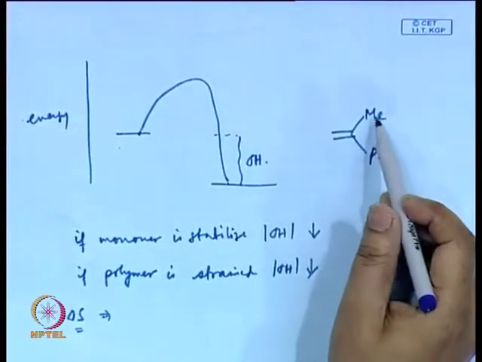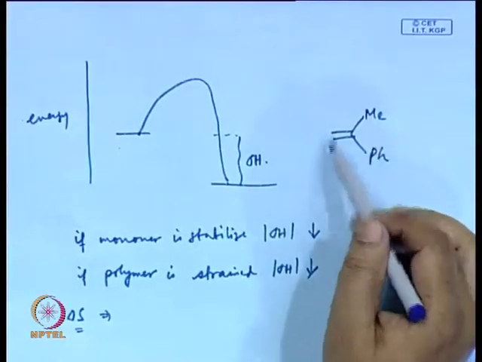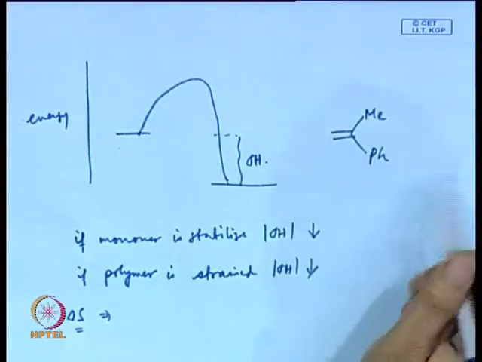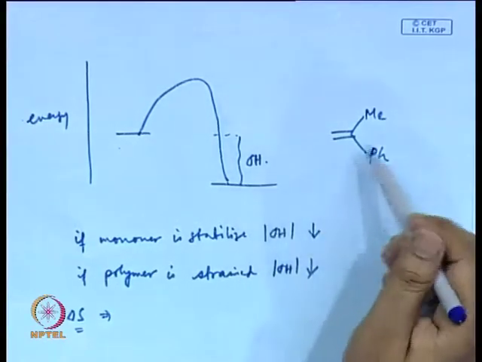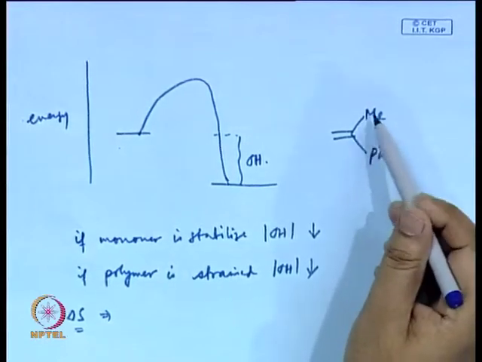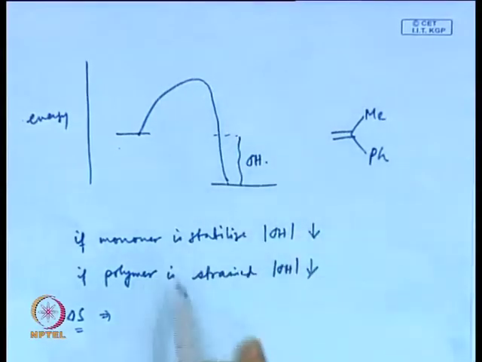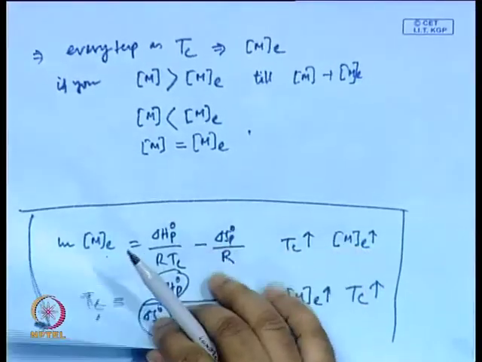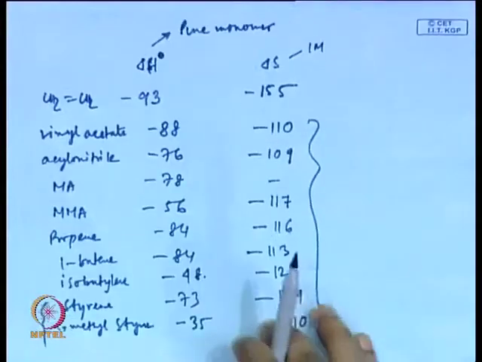Okay. So, this happens for most of the 1,1 substituted alkenes. The resulting polymers have much higher strain compared to if there was no such bulky groups. So, as a result, alpha methyl styrene has much lower DelH value compared to the styrene.